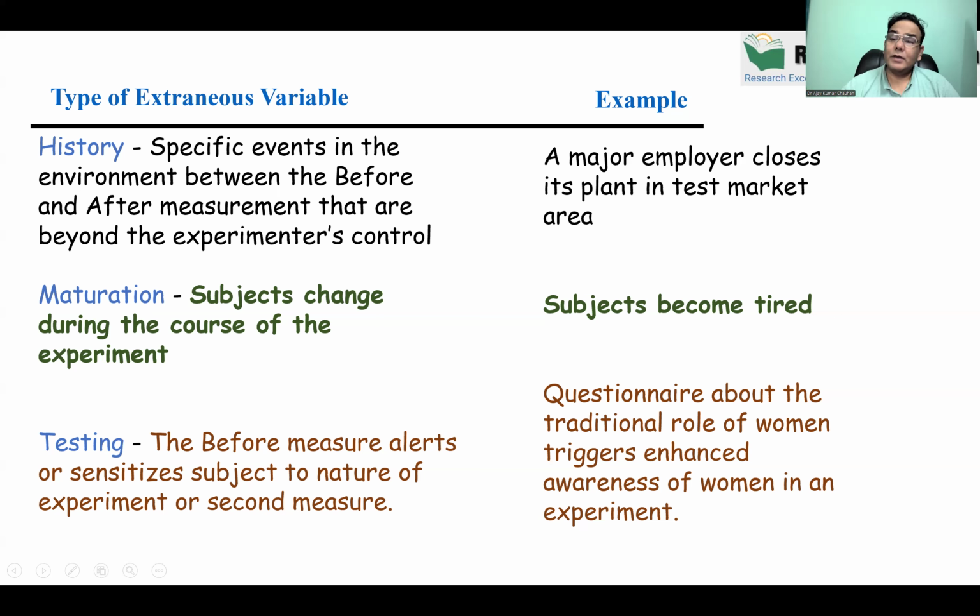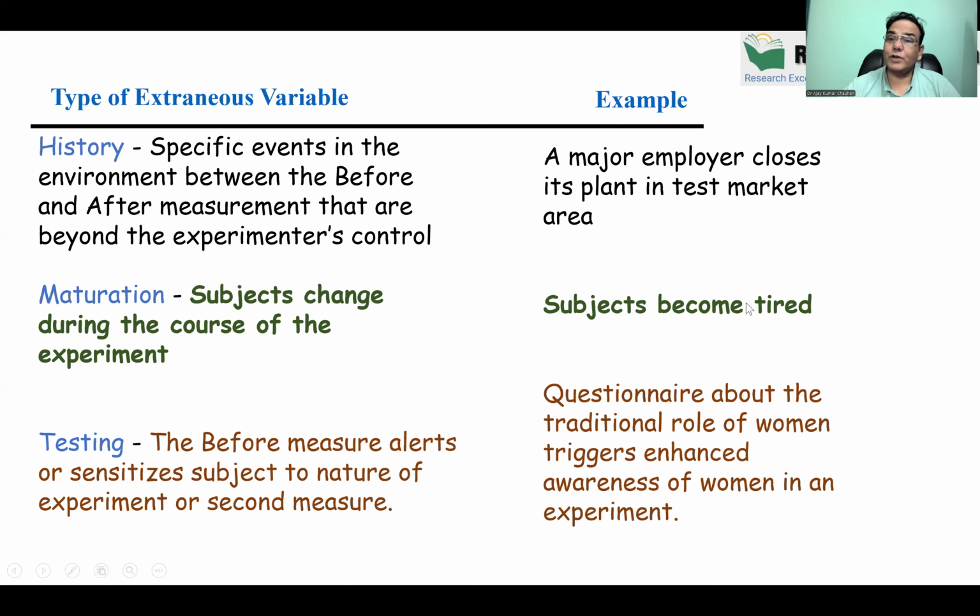Maturation means sometimes the patient comes to know that an experiment is going on them. They find out that an experiment is being done on me, so they become mature. So they become mature and sometimes the subject becomes tired.